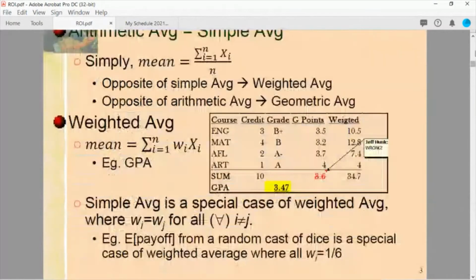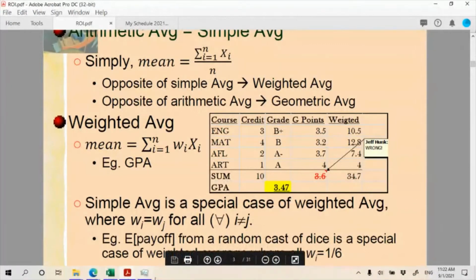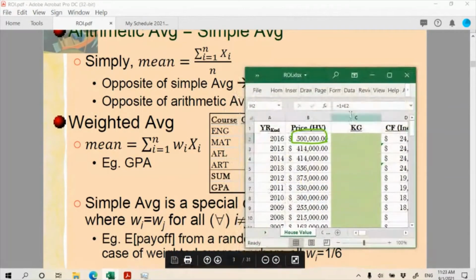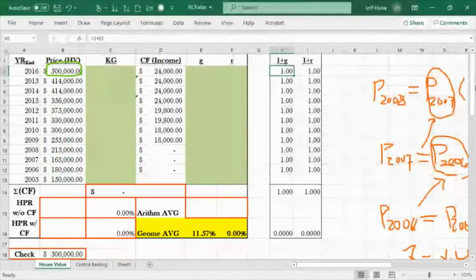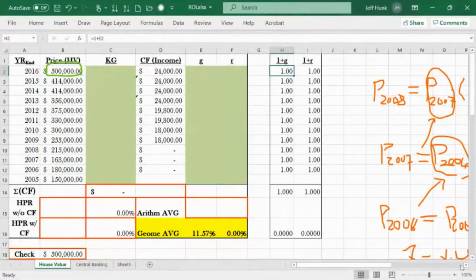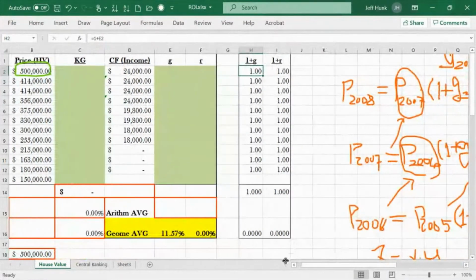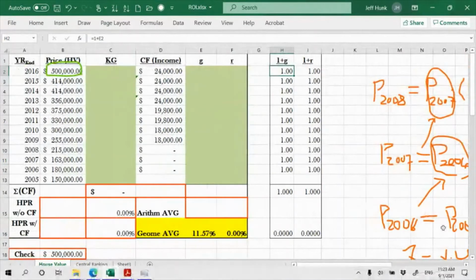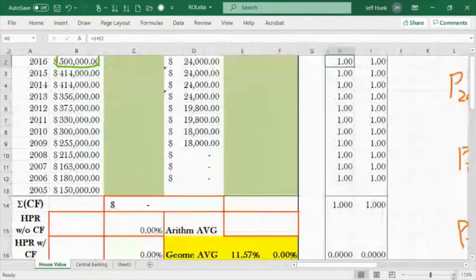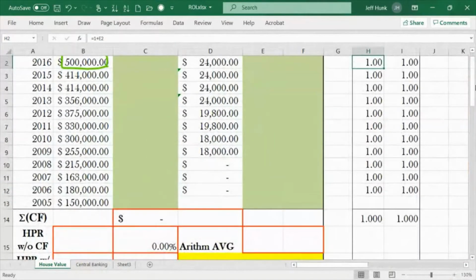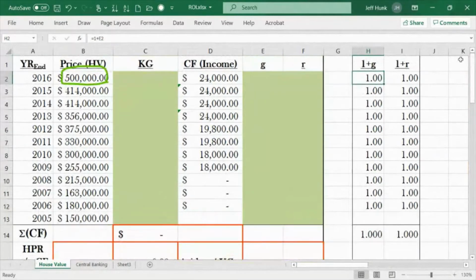Okay. So then what is geometric average? To answer that question, now let's take a look at this house value example.